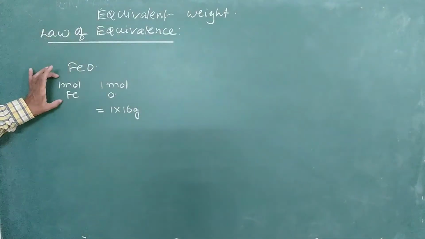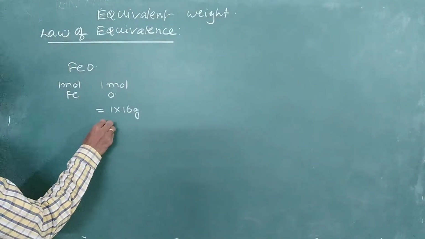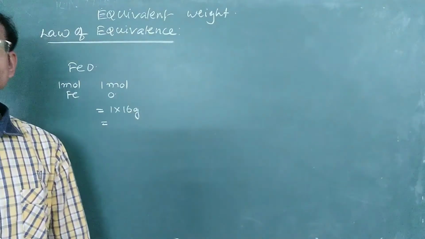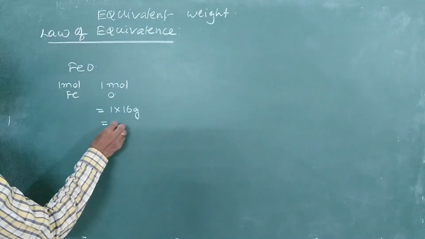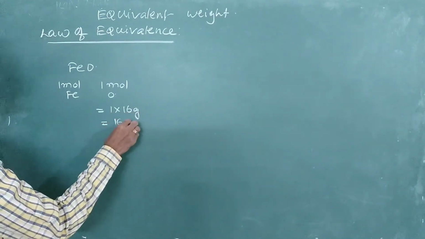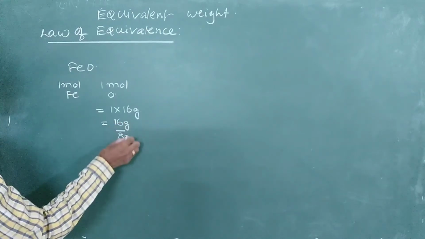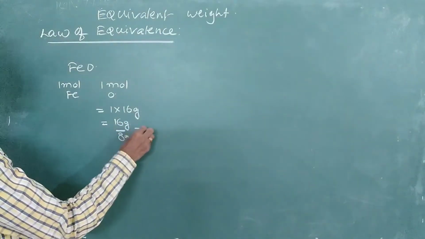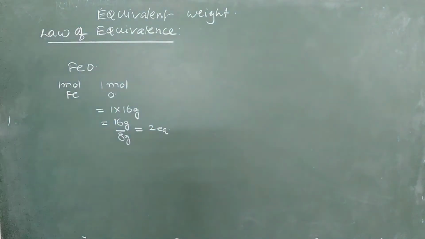So 1 mole of iron is combining with 16 gram of oxygen, and we know equivalent mass of oxygen is 8, or gram equivalent mass is 8 gram. Now how many equivalents of oxygen are there in 16 gram? 16 by 8. Mass by gram equivalent mass gives number of equivalents. So 2 equivalents of oxygen will be there.